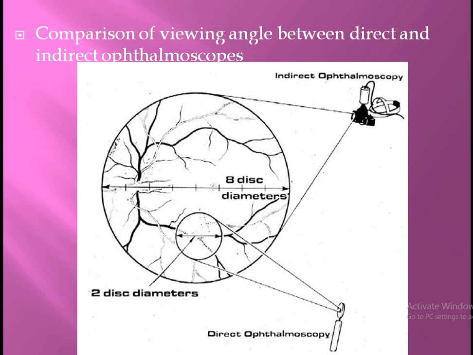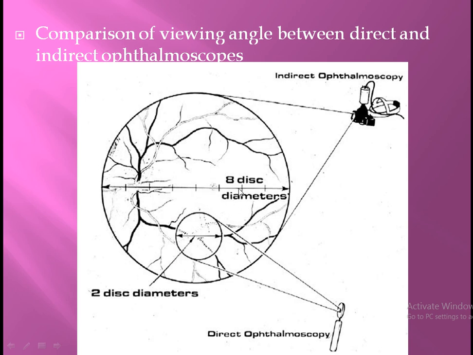For that purpose, we use this terminology: two disc diameters, or eight disc diameters, or whatever the size. From where are you getting this? The disc is the size of the head of the optic nerve. From there you can have an idea, and from there we have measured how much the distance is.